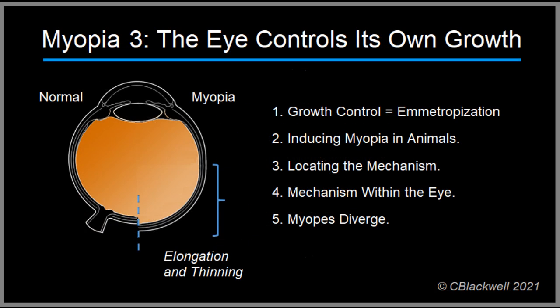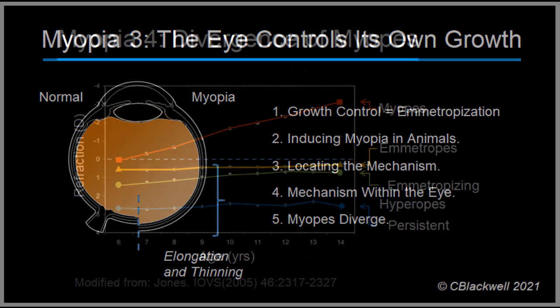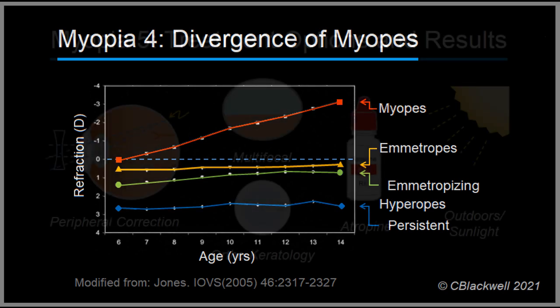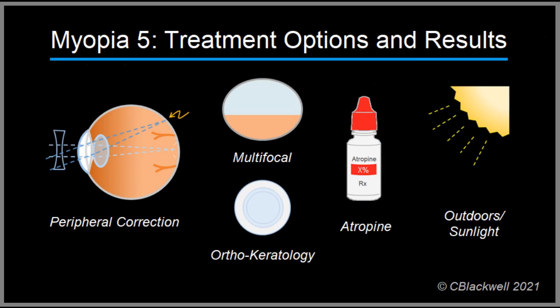Video 3 takes us into experimental investigations of myopia, trying to understand the remarkable ability of the eye to control its own growth. Despite having a mechanism for growth control, Video 4 explores how one group still diverges into myopia. We end with video number 5, exploring the variety of treatment options available and how successful they are in trials and their use in practice.